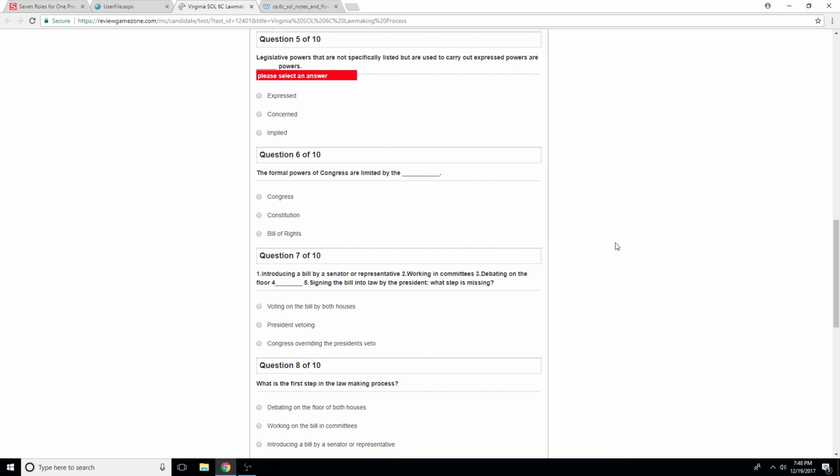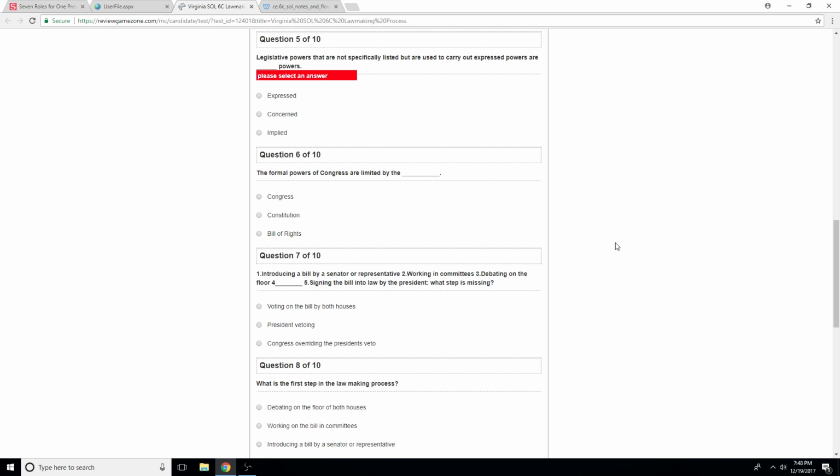Good. For the most part, it seems like you guys are getting it. It's okay if you get 1 or 2 wrong. The important thing to think about is a strategy. Right now, we're doing lawmaking, so the only branch that could be the answer is legislative. You've got to carry that with you. For instance, when you're doing 6D, the only branch we're talking about is executive.